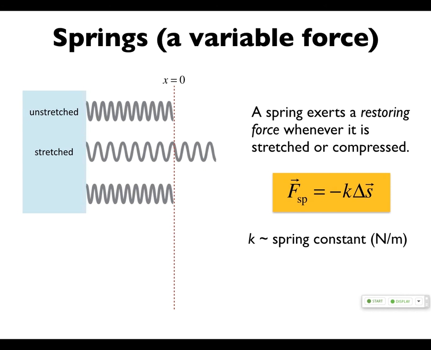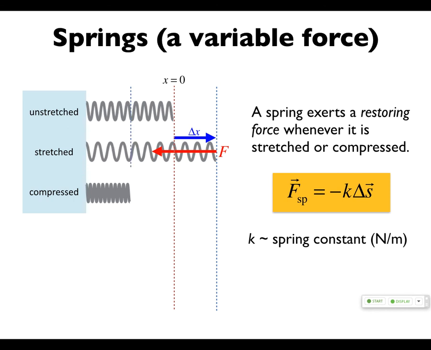So that means we have a displacement from here to here. Our displacement points that way. Which way does the force point? Left. Back the other way, okay? We can also compress our spring, and then we have a displacement this way, and then the force goes that way, all right?